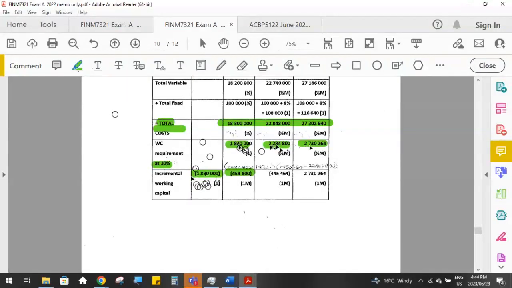And then in year 3, it also increases from the second year. So the difference between the total we require in year 3 and the total that we've already got is going to be the increase that we have to invest at the beginning of year 3. And then at the end of year 3, the full amount that we then have invested in working capital will be released back into the cash flow of the company. So that is then no brackets.